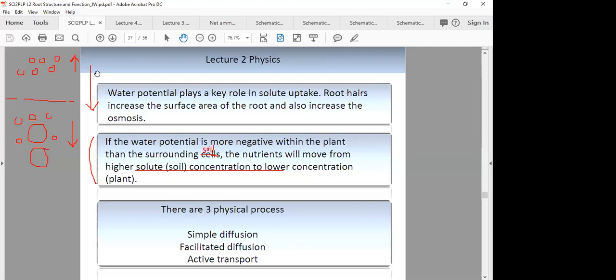Now we're talking about nutrient movement. Nutrients will move from high solute soil concentration to lower concentration in the plant. How does that sound?